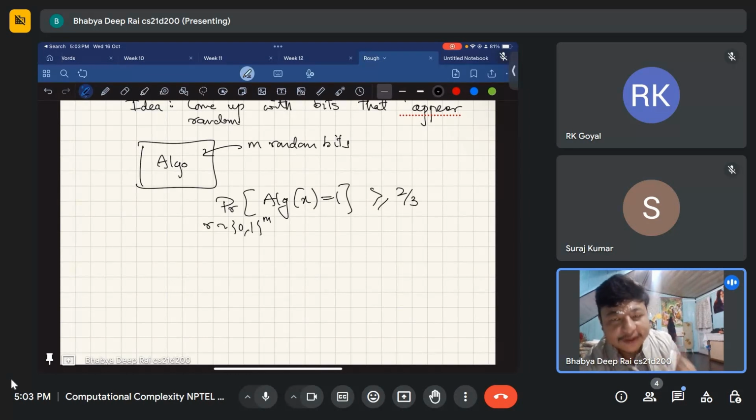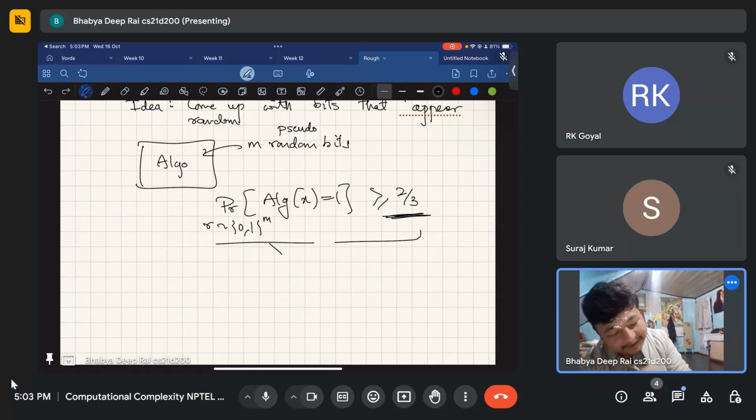I am trying to fool it. Okay, I come up with m pseudo random bits. The random bits look, are actually not random, but because the probability of the algorithm is so high, even if I give it these pseudo random bits, now R is not sampled from this distribution anymore.